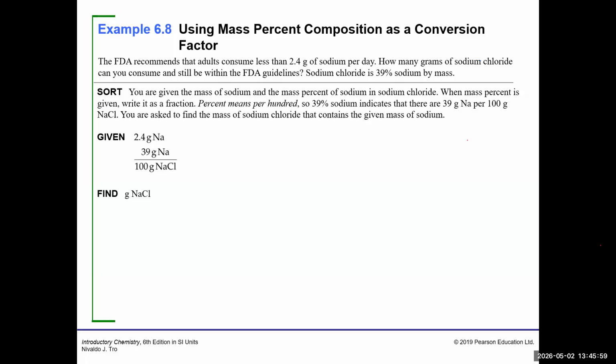So any quantity of sodium chloride is 39% sodium. For those who haven't done chemistry before, they know sodium chloride is salt, and they know H2O is water. A whole lot of people know that.